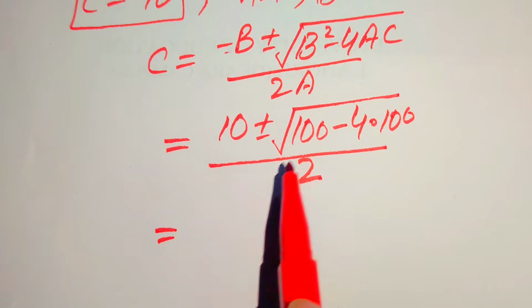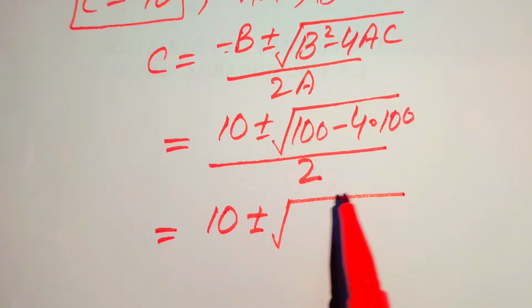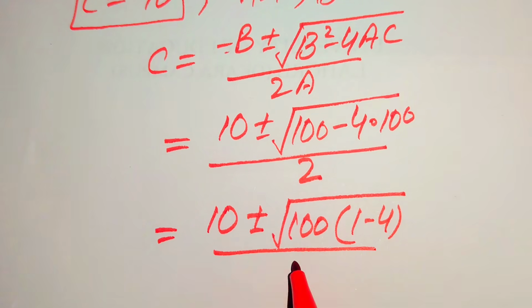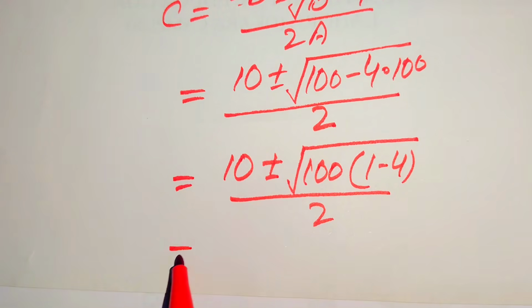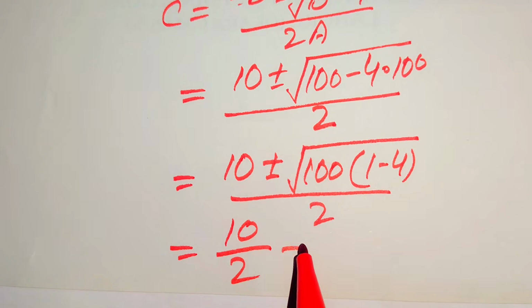So further we focus inside the square root sign, and we get here 10 plus minus square root of 100 into 1 minus 4, divided by 2. And now in the next step we break this fraction and write it as 10 divided by 2 plus minus.